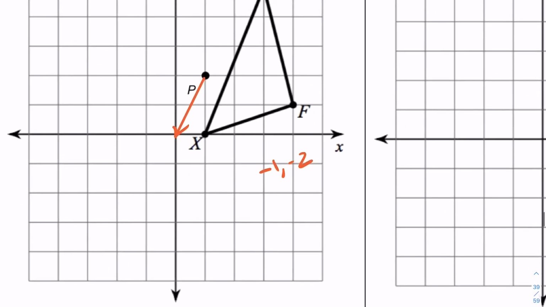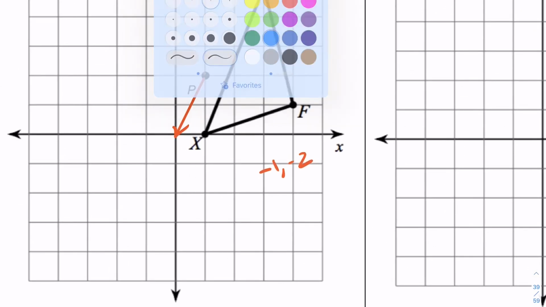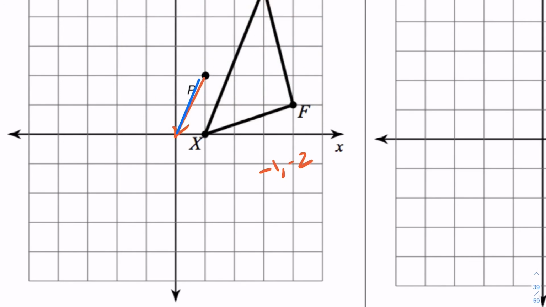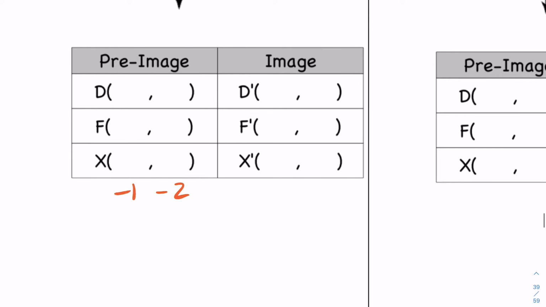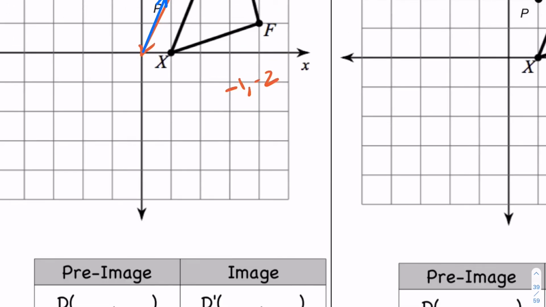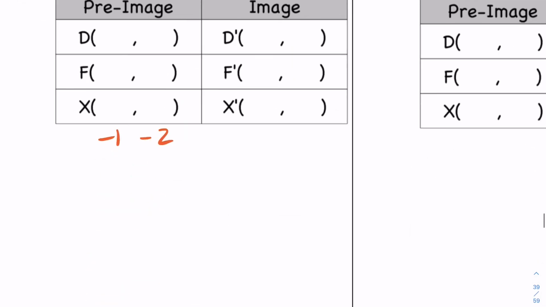And then this one in blue is going to be 1, 2. So it's adding 1, adding 2.